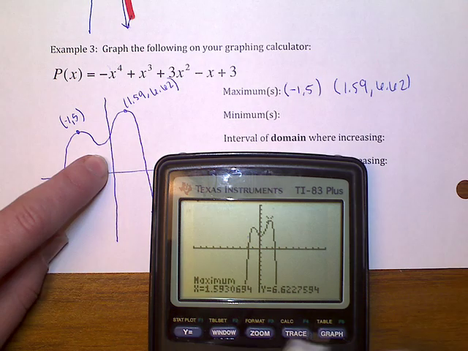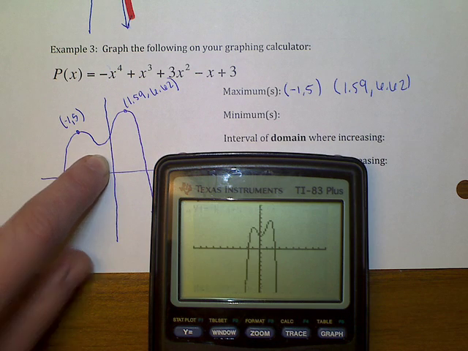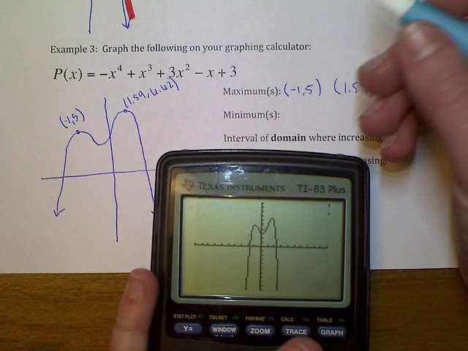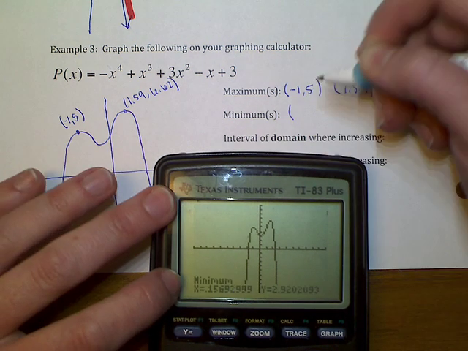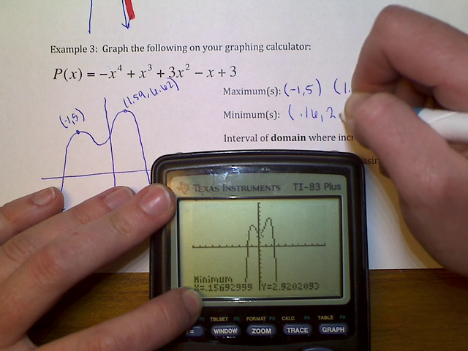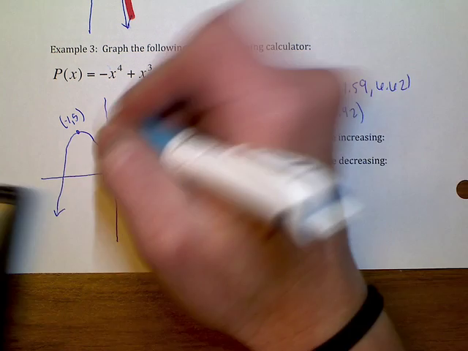Okay, we have one minimum, and that looks like it's at 0.16 comma 2.92. Okay.